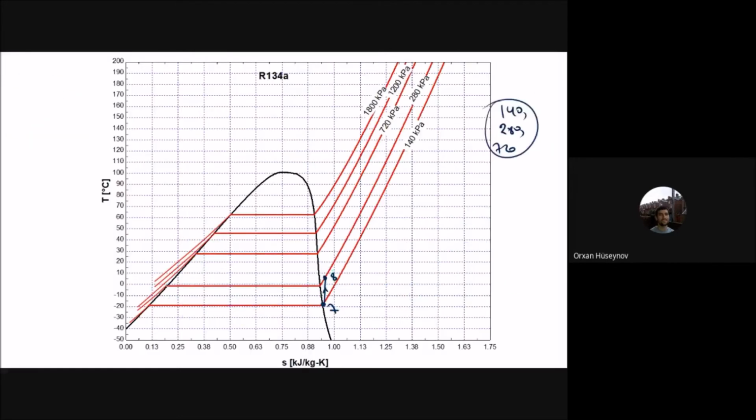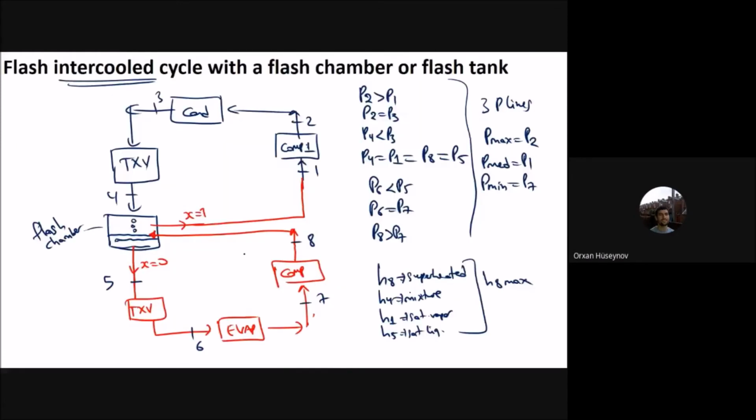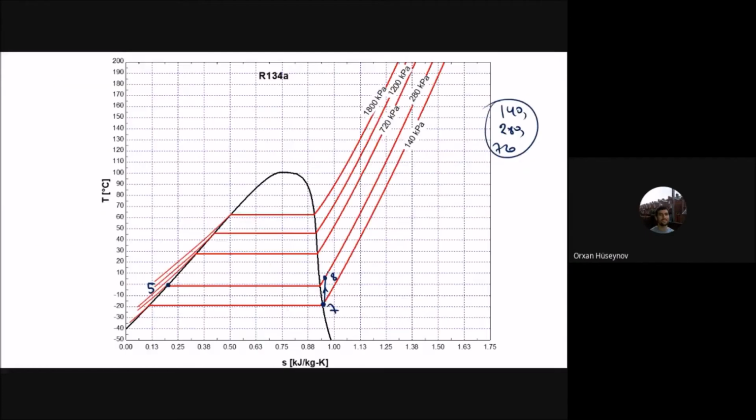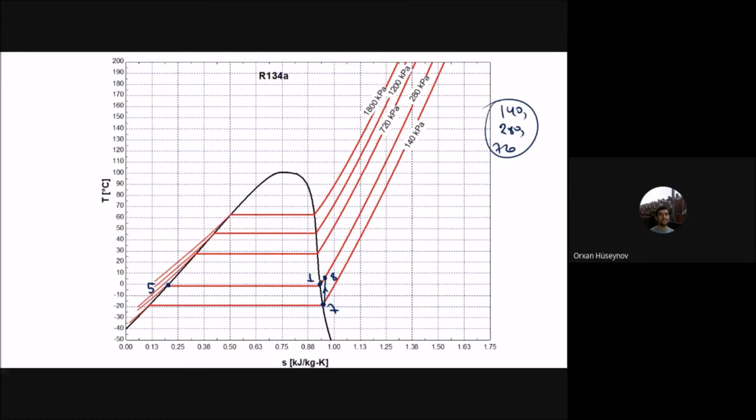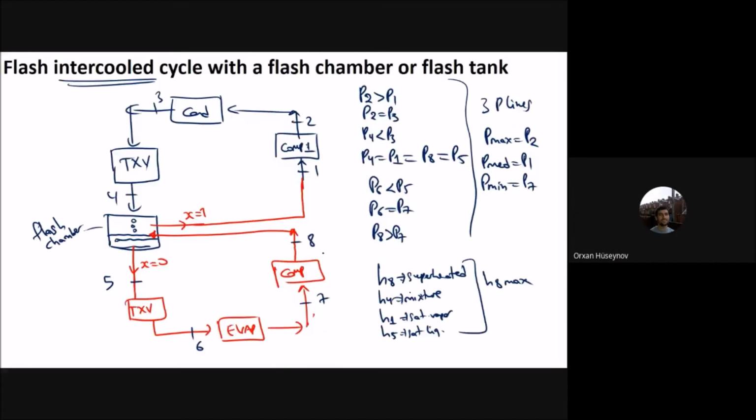Let me just add 5 here, and then you will also have the 1 here. The enthalpy of 8 drops, and then you will have the 1, and the 1 will be the inlet for this compressor. So the compressor will compress it from 1 to 2.